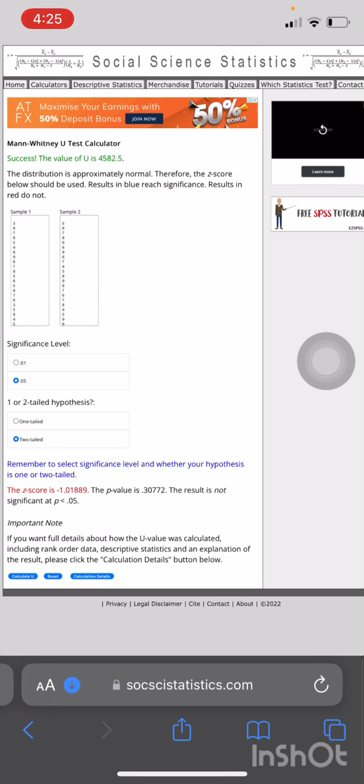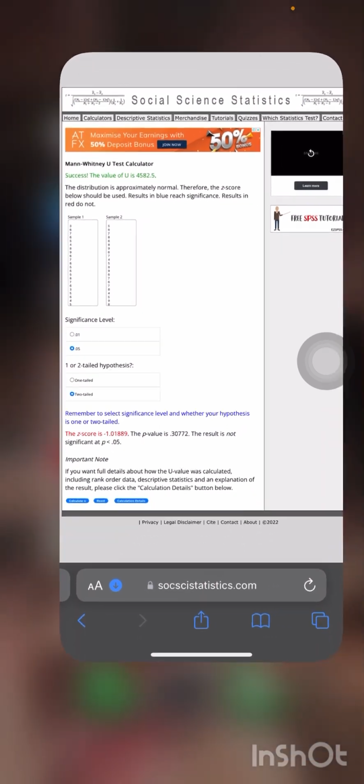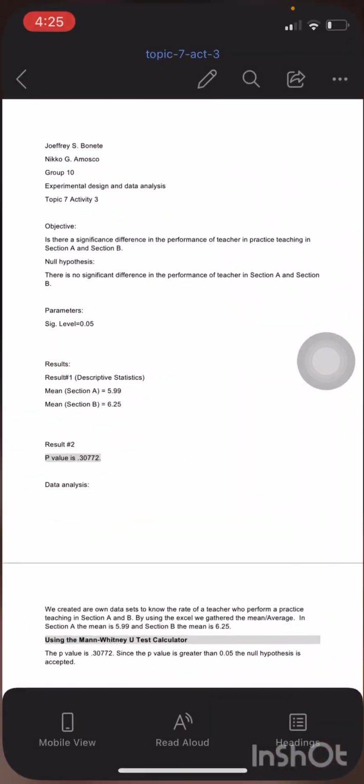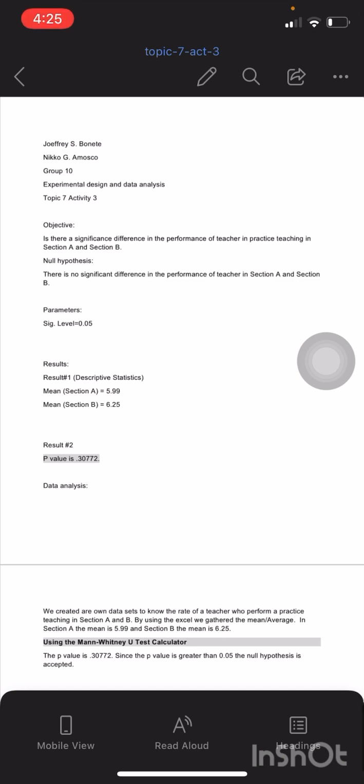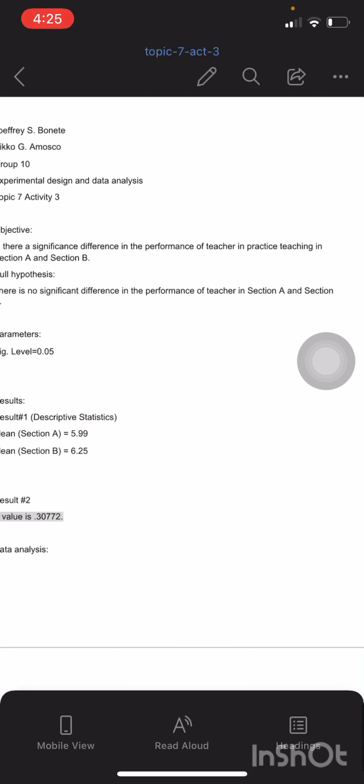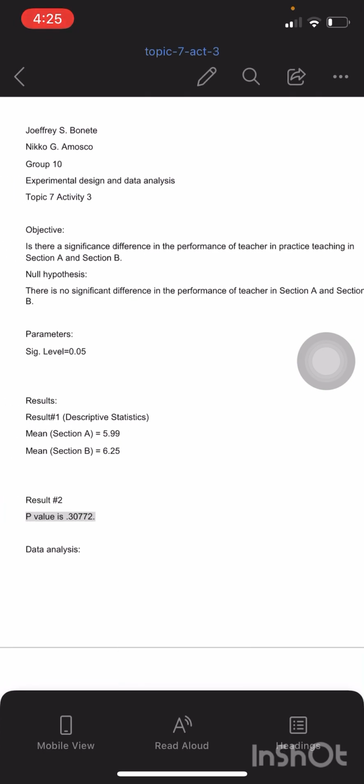Now to the main. So, we created the data analysis here in the Word file that we created. The objective: Is there a significant difference in the performance of the teacher in practice teaching in section A and B?